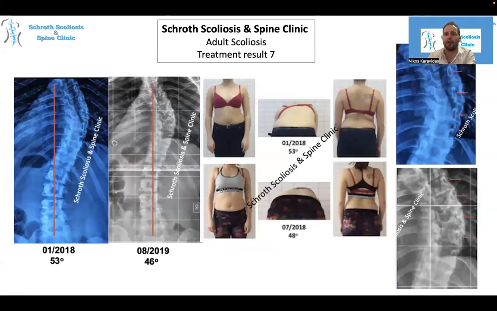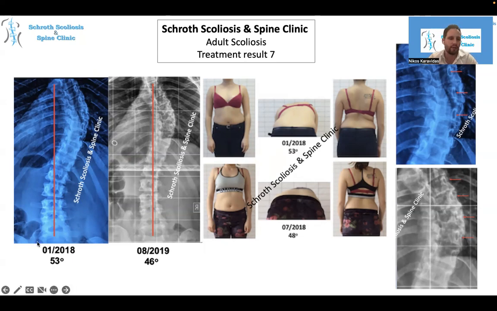So this means that they are not still in growth, so there is no high risk for rapid progression. This is one good thing. And they are still young adults, which means that they don't have degenerative changes in their spines. So these patients can have a great potential of significant correction of their scoliosis.